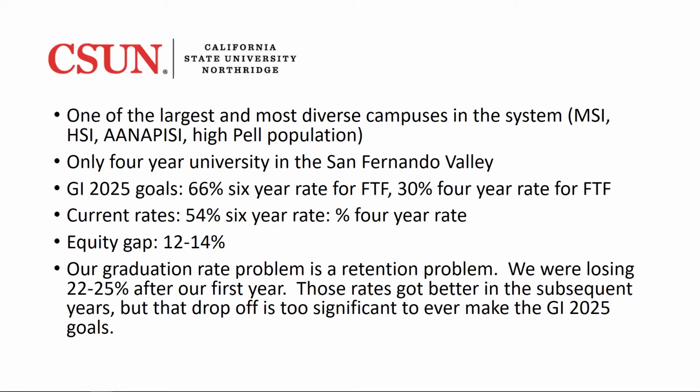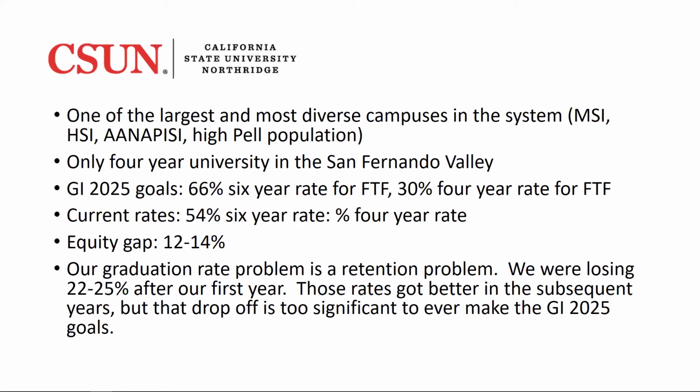But at any rate, just a really quick introduction to CSUN, which I know a lot of you already know about. It's one of the largest campuses in the system. We're typically the second largest campus in the system behind Fullerton. We are an MSI, an HSI, and a PZ. We're also the only four-year university in the San Fernando Valley, and if the Valley were its own city, it would be the fourth largest city in the state. So it is not a small thing.